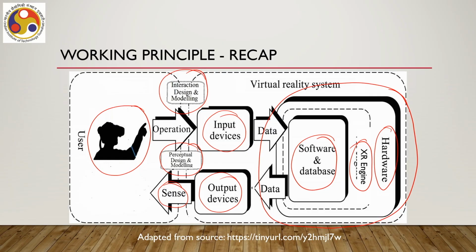So, interaction design is very important to build a usable system which the user can interact with easily, and the output also is generated for the user to be appropriately sensed, understood or perceived. So, from the point of view of usability, both interaction design and modeling as well as perceptual design and modeling, one related to the input, the other related to the output, are very important.